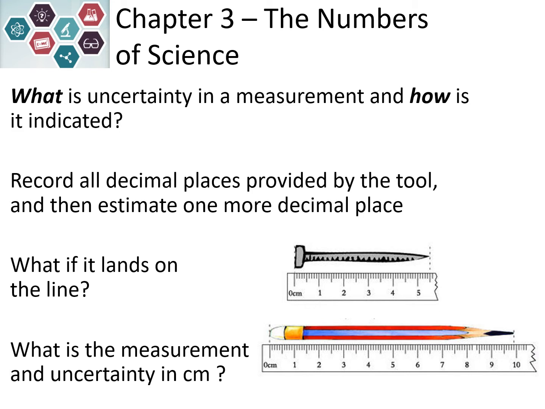So here are some examples on how to record our measurements to the proper decimal place, including our uncertainty. So we can start with the uncertainty. We know that for the nail that is shown for us, we can read the ones place accurately. We can read the tenths place accurately. And our uncertainty, or our estimation, starts at the hundredths place.